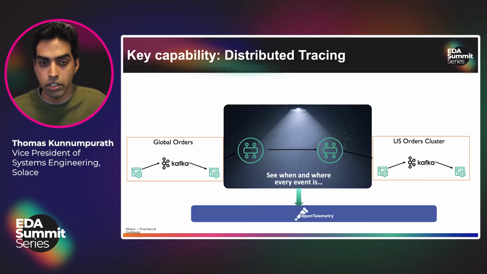So distributed tracing gives you that functionality. It allows you to instantly be notified where your specific record or event is within your Kafka mesh, when it entered the Kafka mesh, when it left the Kafka mesh, and how many hops it took to get there. And the Kafka mesh does this through the OpenTelemetry standard, so it can be integrated with any monitoring solution that supports that spec.